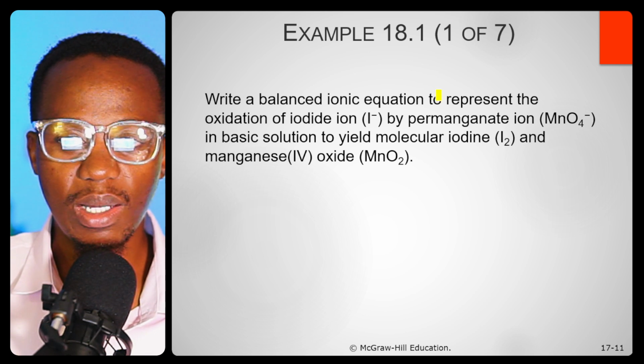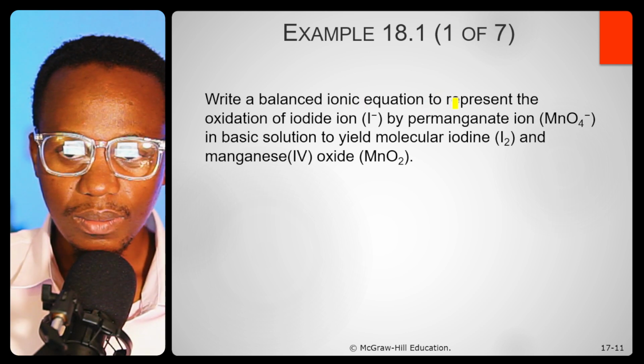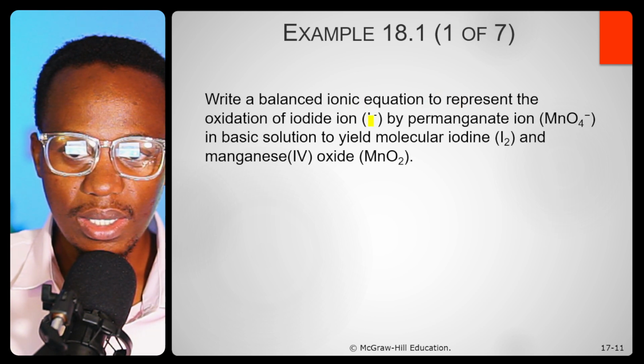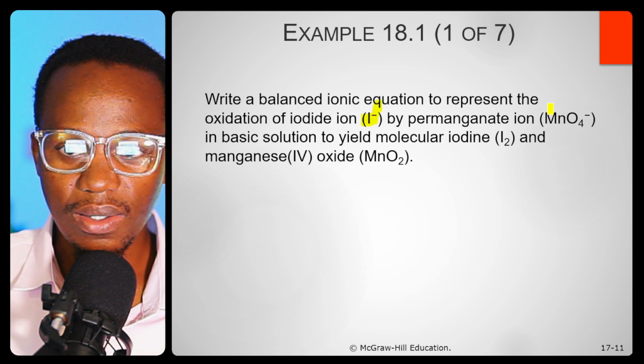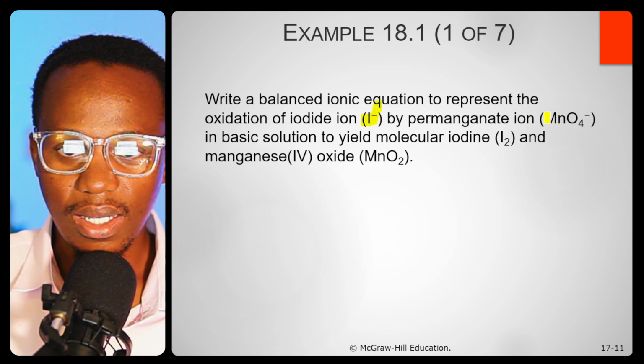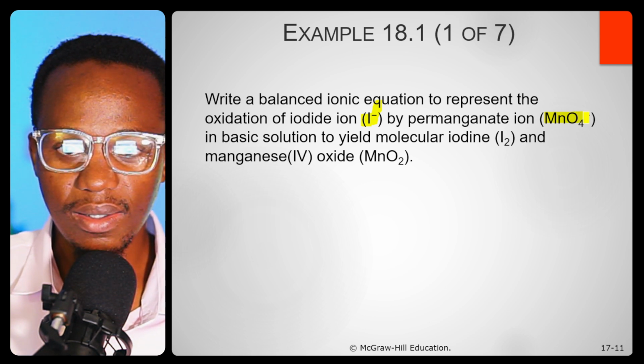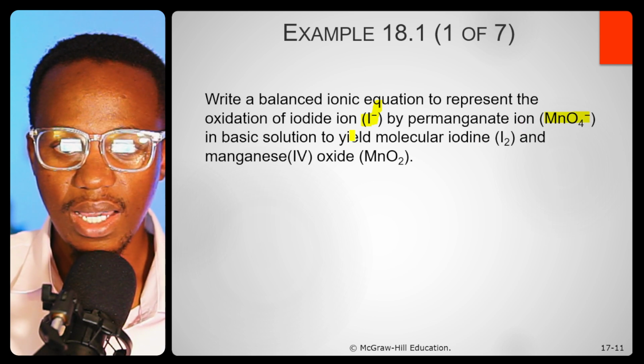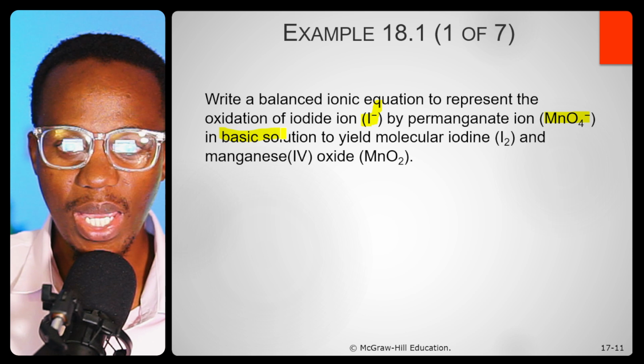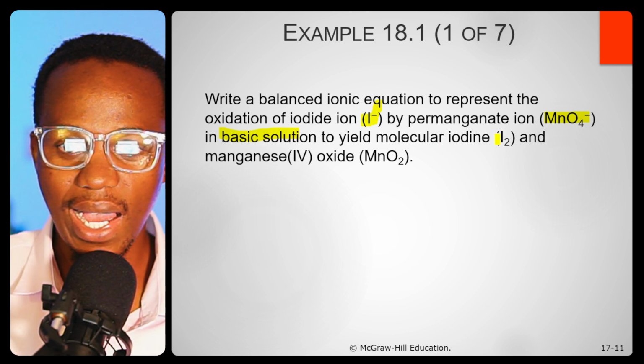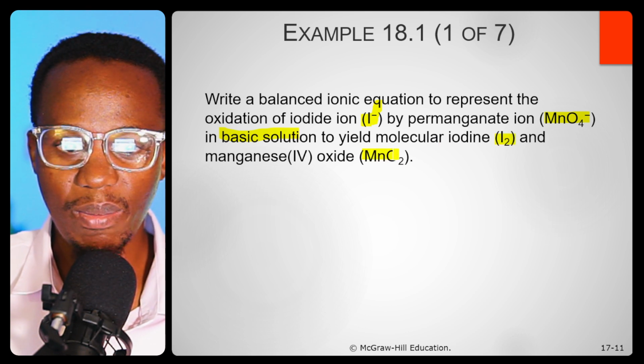Let's look at another example. Another example is iodide ion and permanganate ion, and then they're in basic solution, and they give you iodine and then MnO2.